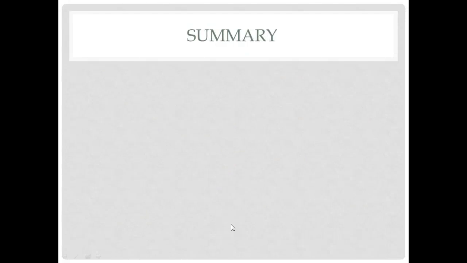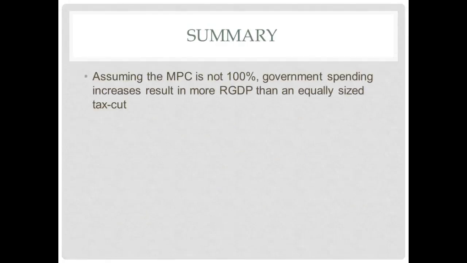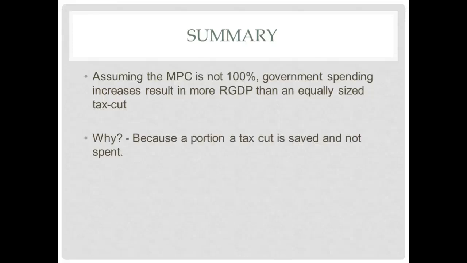Okay, so let's summarize this whole thing. First, assuming the MPC is not 100%, or in other words, assuming that some money is saved, not everything is spent, government spending increases result in more RGDP than an equally sized tax cut. Why? Because a portion of a tax cut is saved but not spent.